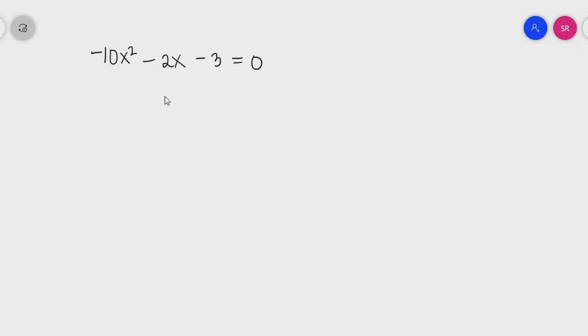So, in my previous video, I stopped with this quadratic equation and said that this is already a quadratic equation in standard form. And some are asking if matatawag ba siyang standard form if the value of a, which is itong katabi ng x square, is a negative number.